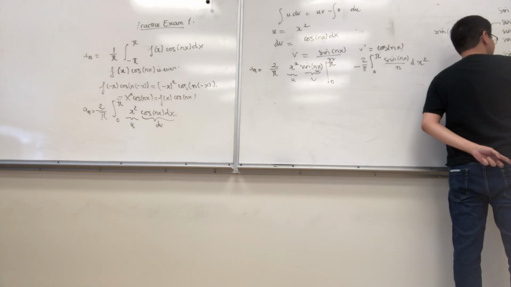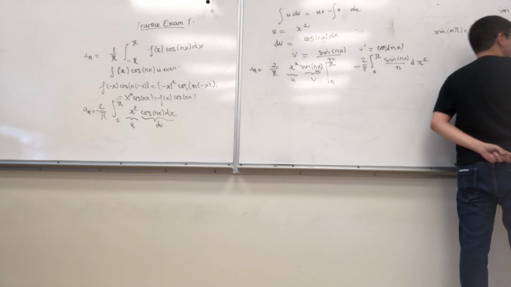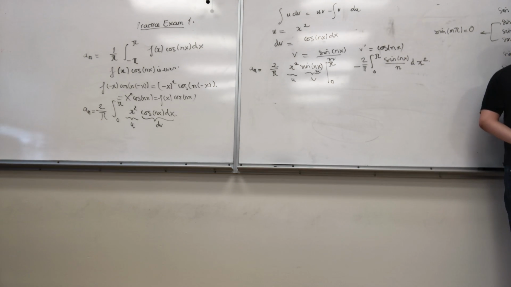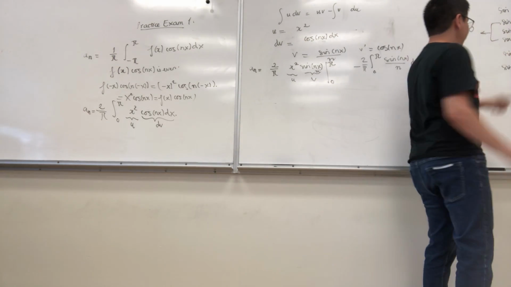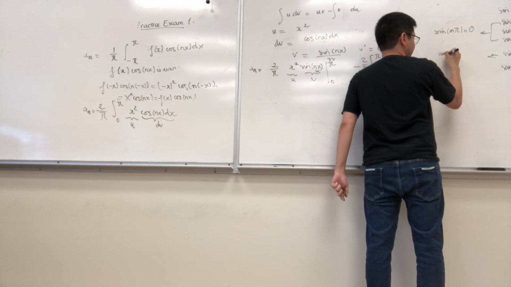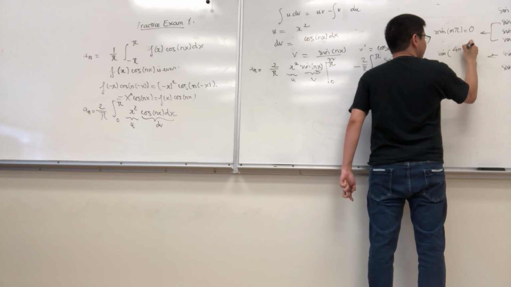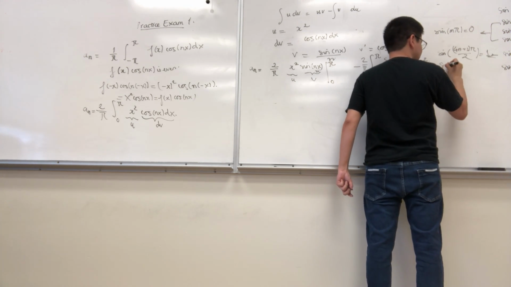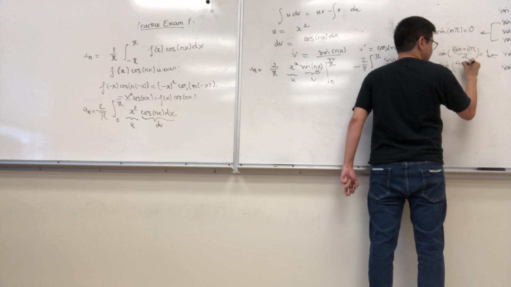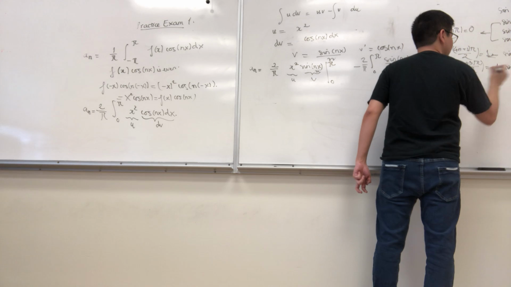Now I have sinus of 2n pi plus 3 pi over 2, and this gives me sinus of 3 pi over 2, and this is minus 1. So sinus of 4n plus 1 times pi over 2 is going to be 1, and sinus of 4n plus 3 times pi over 2 is going to be minus 1, right?